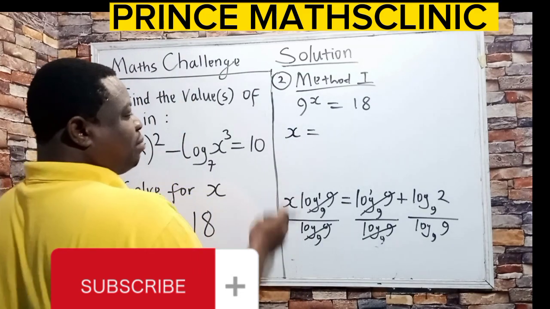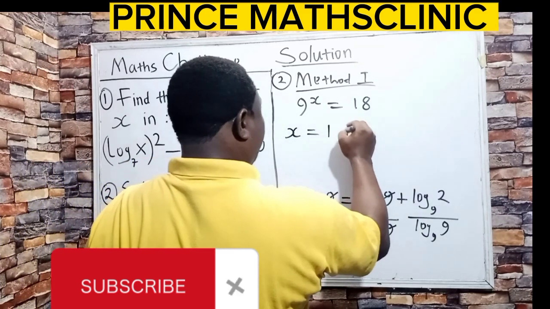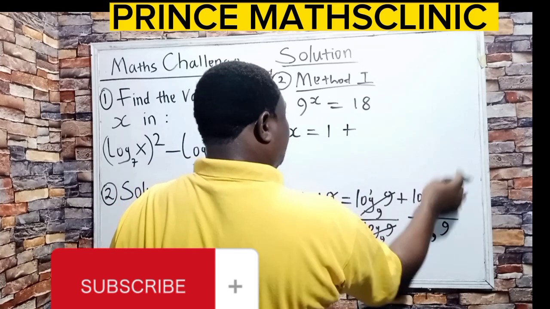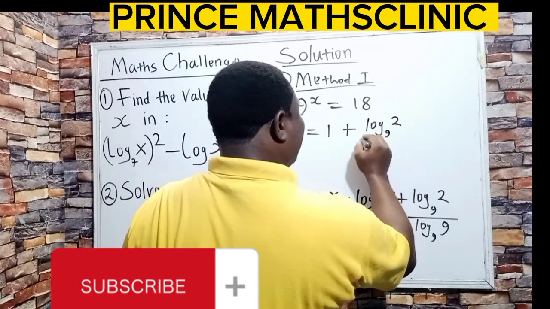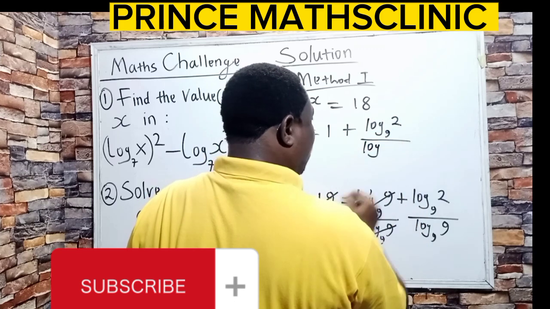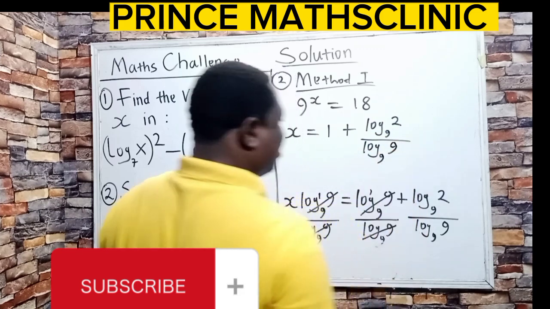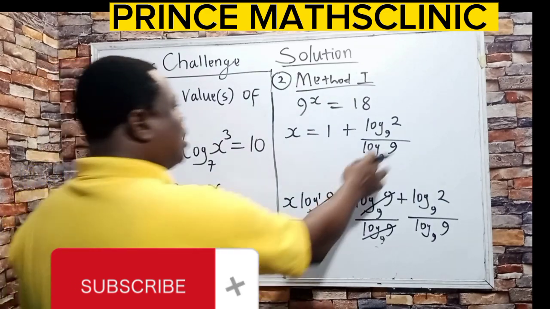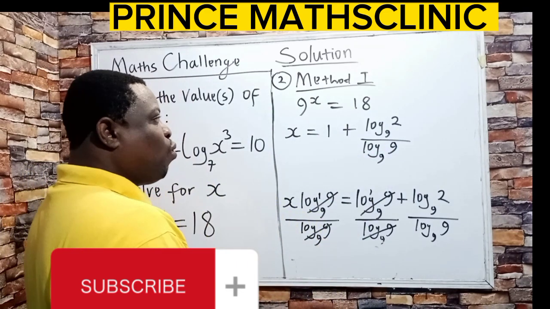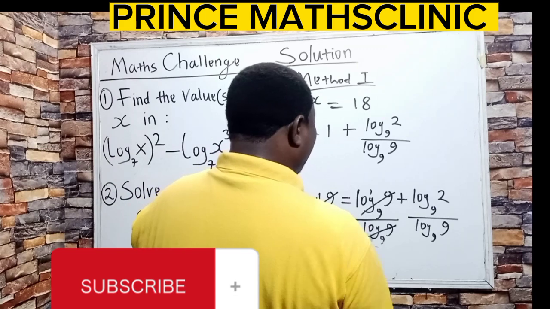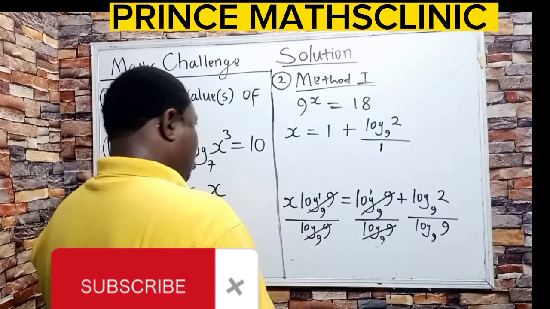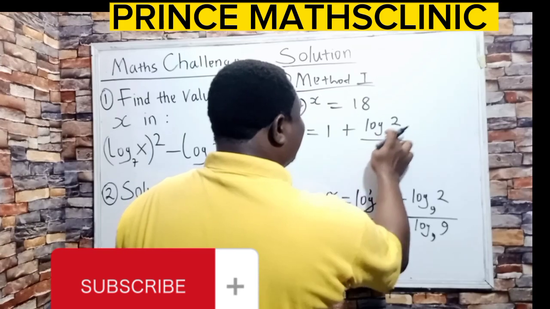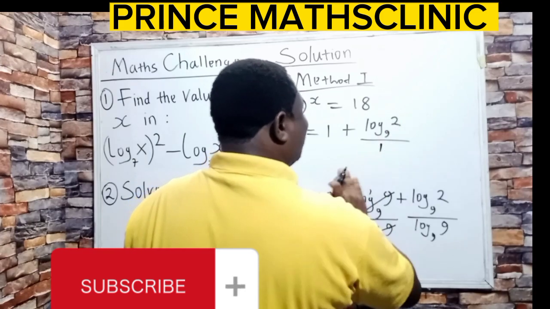Simplifying further, x becomes what? 1 plus the numerator here, log 2 base 9 divided by log 9 base 9. And we know that log 9 base 9 will give us 1. Good. So therefore, I will put 1 here. And log 2 base 9 over 1 is still log 2 base 9.